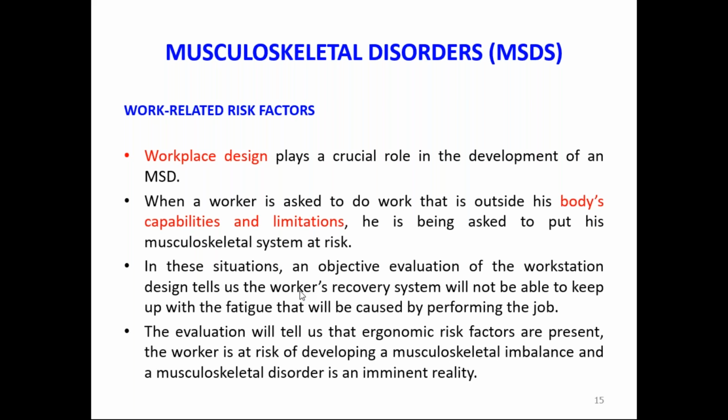If this is the situation, then objective evaluation of the workstation design tells us the worker's recovery system will not be able to keep up. So if the fatigue is more, sometimes these MSDs cause permanent damage to that particular body part. So the evaluation will tell us that ergonomic risk factors are present.